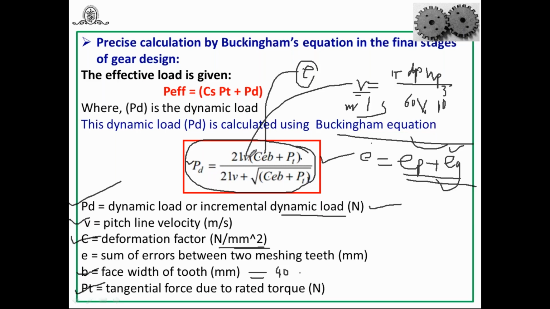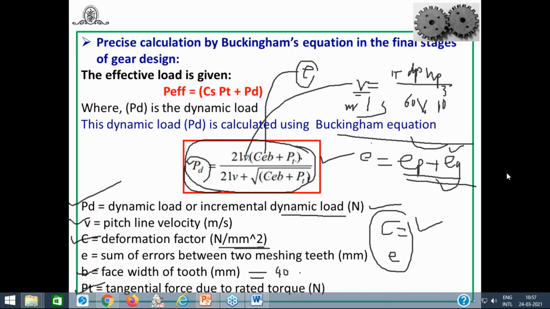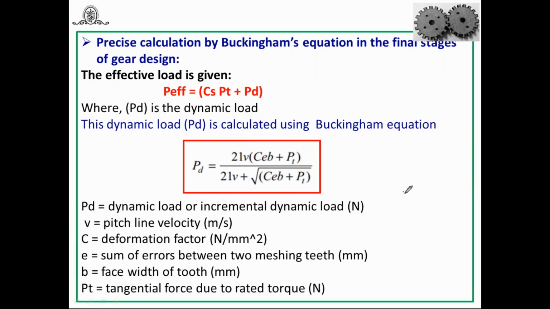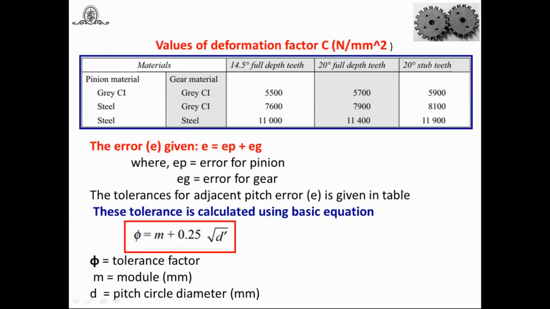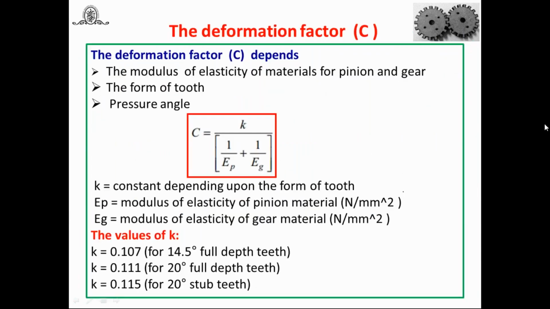Now we have V, we have B, we have PT, but we don't have C here, and we don't have small e. That we have to calculate first to find out the PD. Let us calculate these values. How to calculate these values? Let us see. Deformation factor.